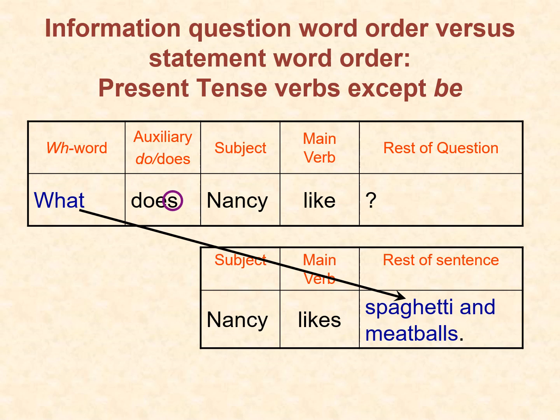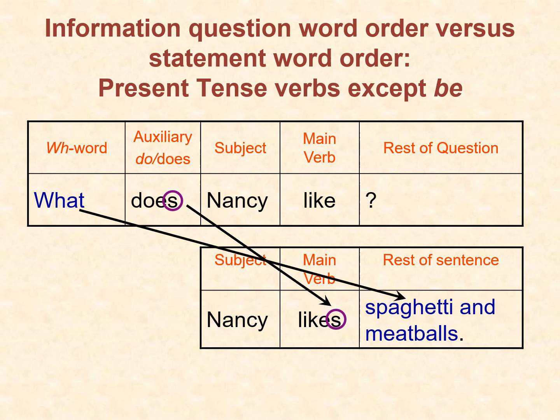In the statement or answer, we don't need an auxiliary, so we don't use does. To indicate that it is third person, we need the S. In the question, the S or ES is attached to the auxiliary do. In the statement, since there is no do, we have to attach the S suffix to the verb like.